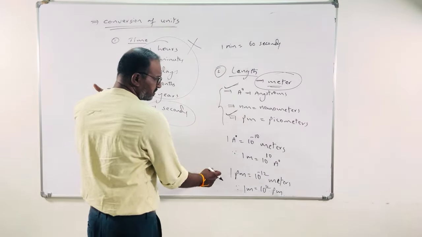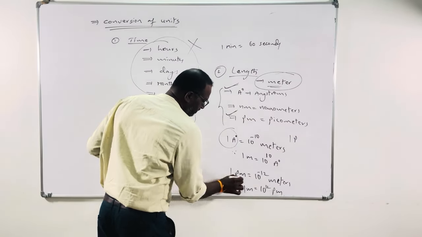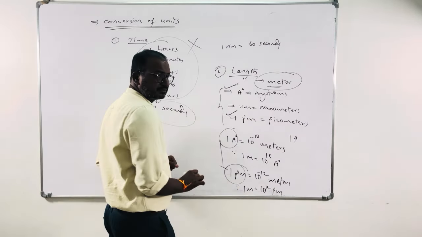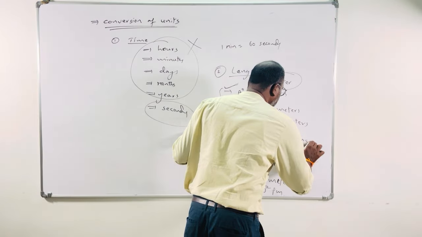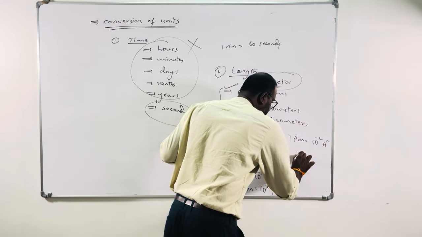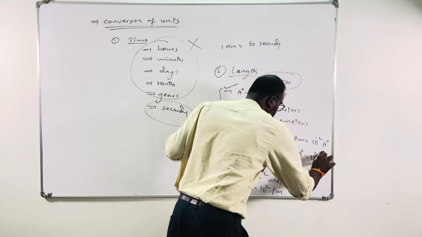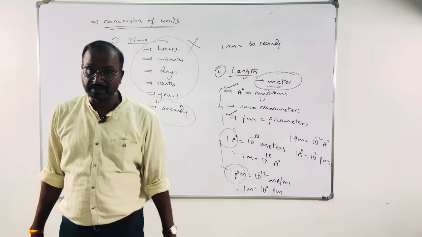Based on this, taking the relation from these two, 1 picometer equals 10 power of minus 2 angstroms, or 1 angstrom equals 10 power of 2 picometers, because it's 10 power minus 10 into 10 power minus 12.